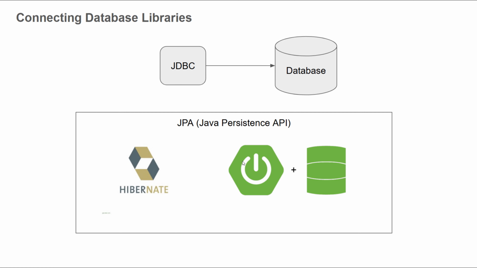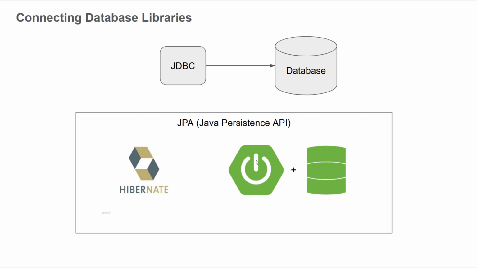We also have some other libraries like Eclipse Link or OpenJPA or MyBatis, and some more. I think you get weird when you hear those names, right? Because they are not popular. So the popular ones are Hibernate and Spring Data.